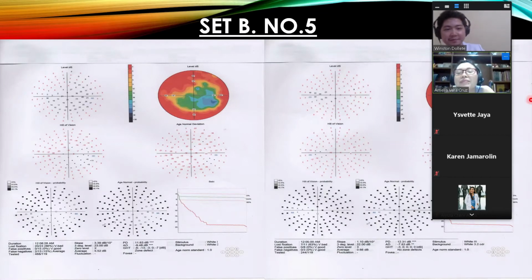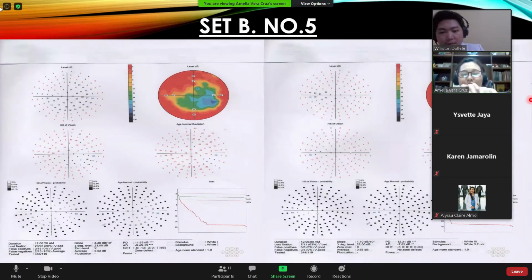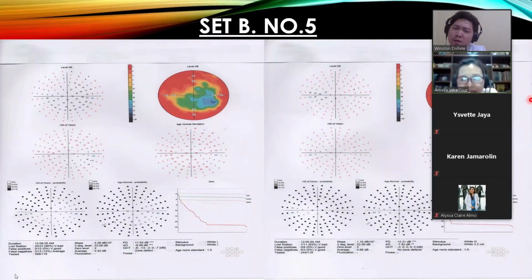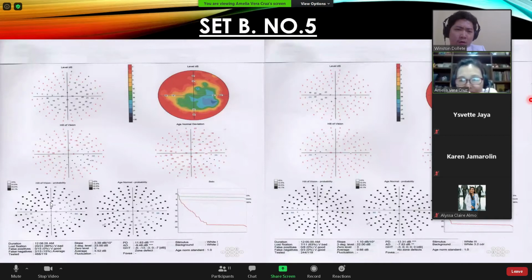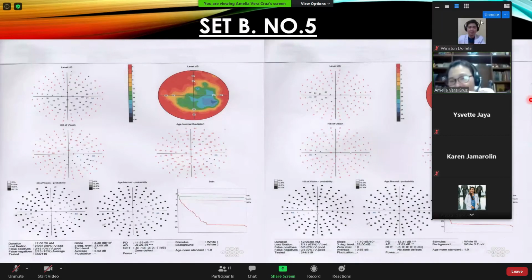Okay. So, what is this again? This is bilateral tunnel vision. Where do you see tunnel vision? In what condition? Advanced glaucoma. So, this is a bilateral advanced glaucoma.